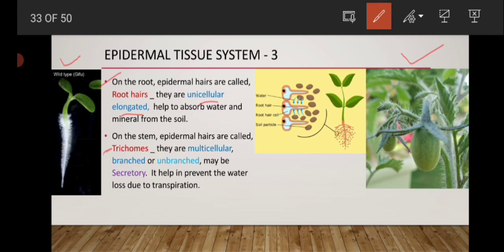The hairy portion is actually the extension of the cell wall. So that is why these are unicellular. This is the extended part.